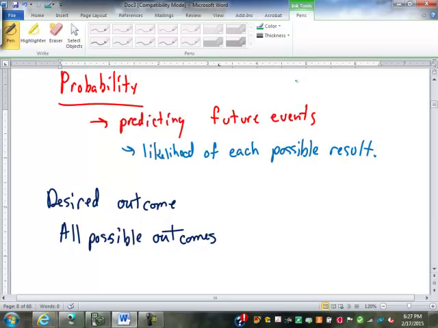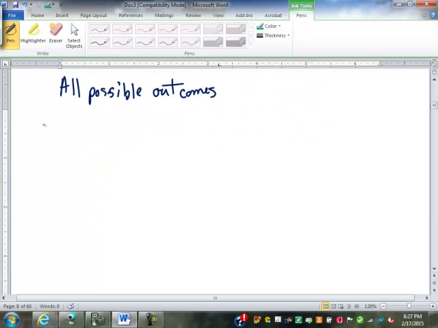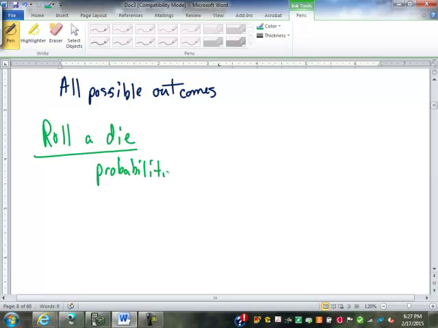For example, let me give you a really simple one here. If I roll a die, what is the probability of rolling a 4? Well, all of the possible outcomes here, there's 1, 2, 3, 4, 5, or 6. Those are the only possible outcomes.